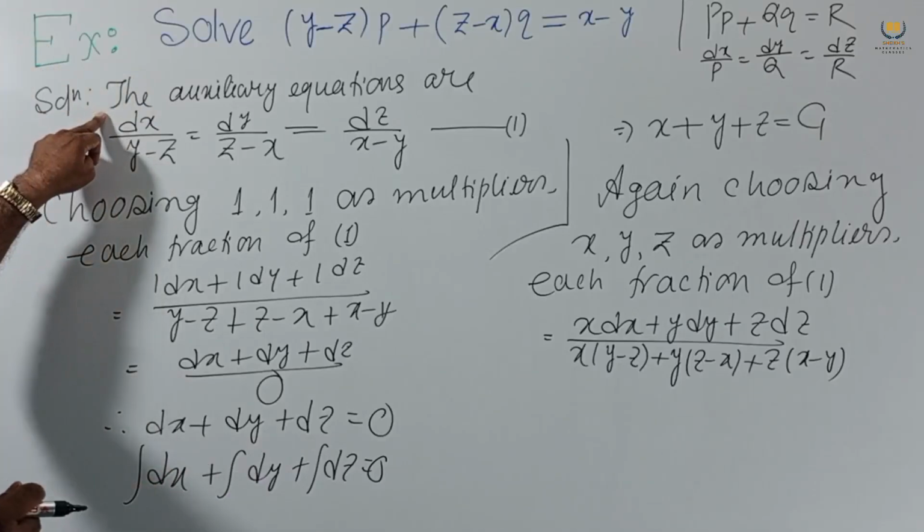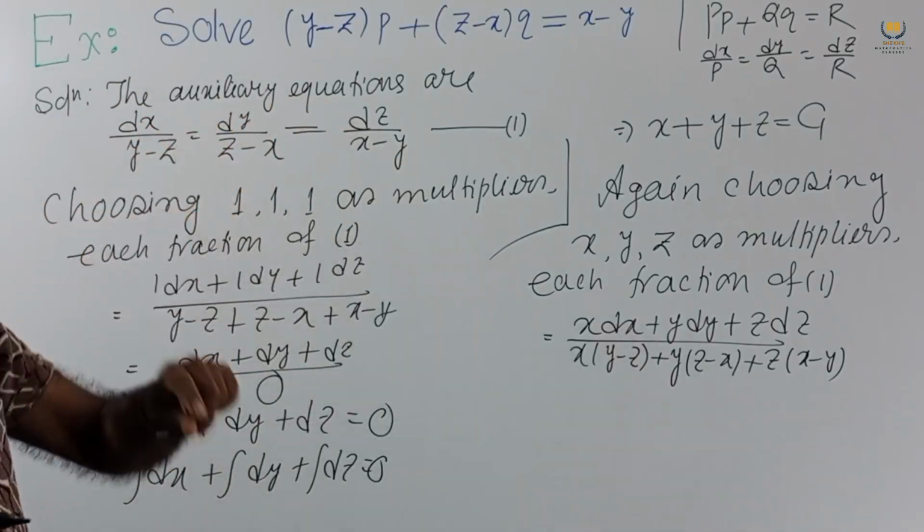That means we multiply this one by x, this by y, this by z. Here also x, y, z.